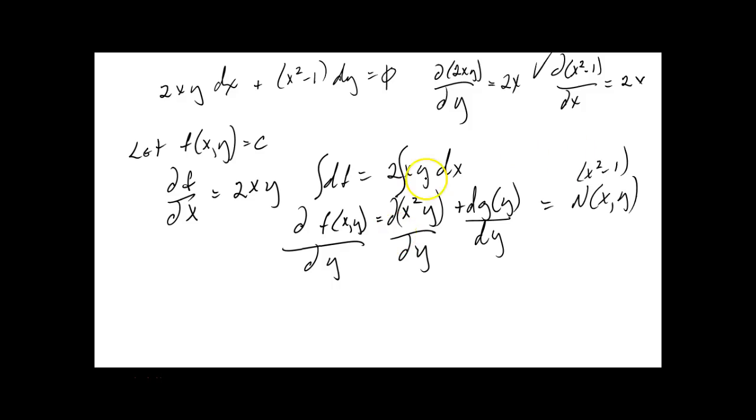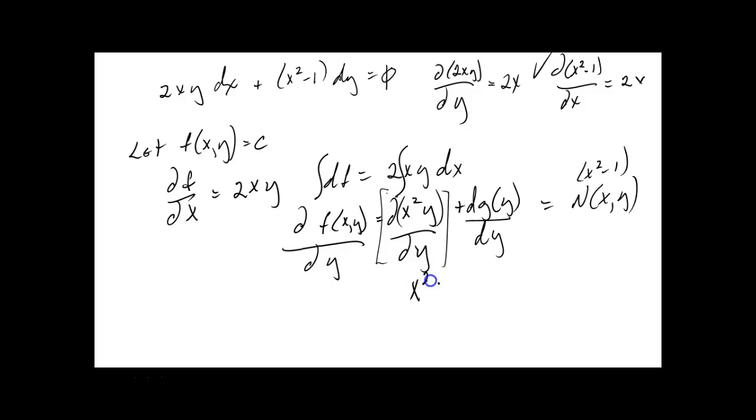Now we're focusing on this part here. Partial of this thing with respect to y is what? Help me. Partial of that with respect to y. That'd just be x squared, wouldn't it?